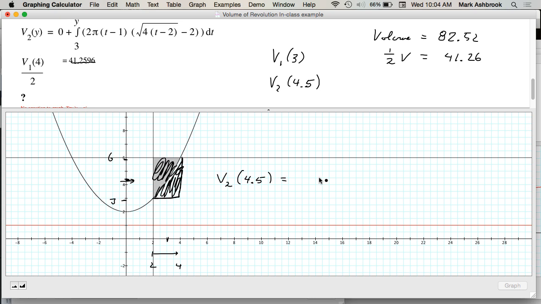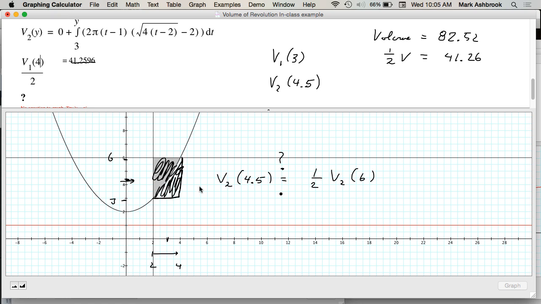Is that equal to 1/2 of V2 of 6? Yes or no? I've got lots of yeses and a couple no's. Anyone want to say why it's no? The radius is still larger above 4.5, so the volume of the cylinder is going to be larger.